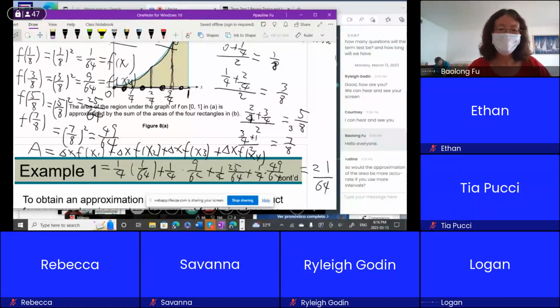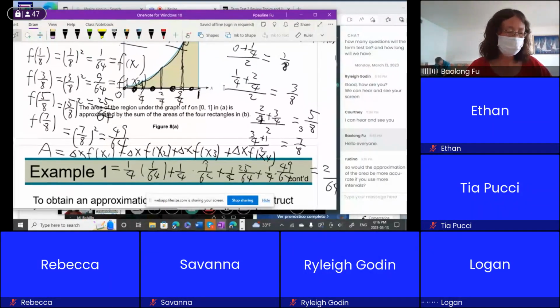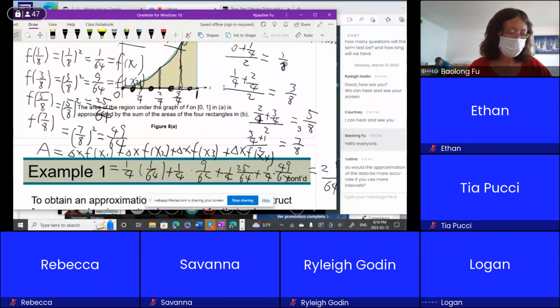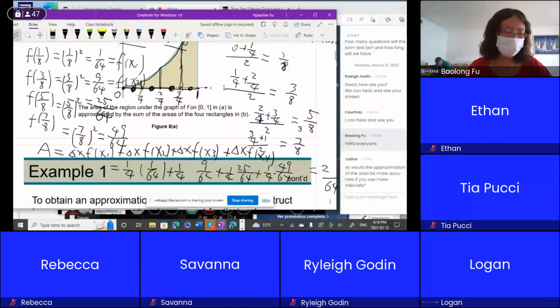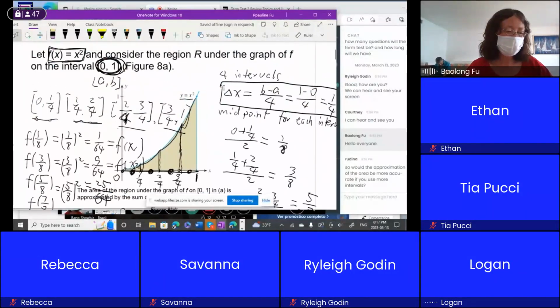Okay, this is how we use estimation to calculate the area. If you want to calculate exact area, we are going to use GeoGebra.